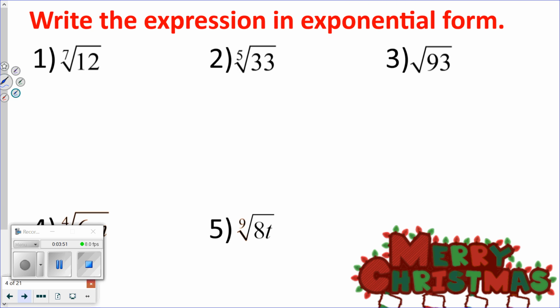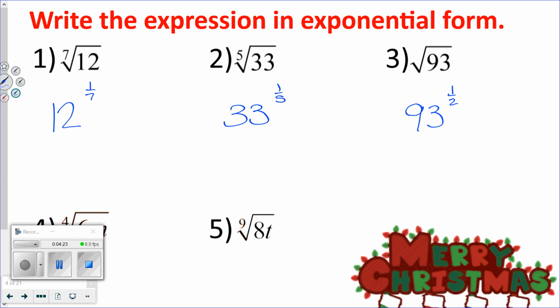All right, let me give you guys a minute or so to do these 5. Robert, what'd you get for number 1? Good. 12 to the 1/7. Number 2, Marissa? Perfect. Number 3, Jasiri? Exponent 1/2.